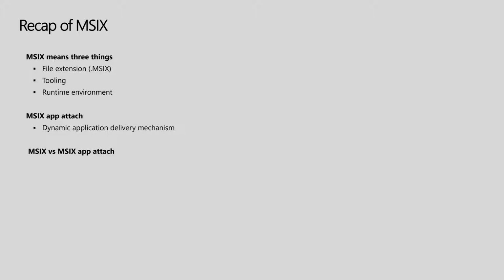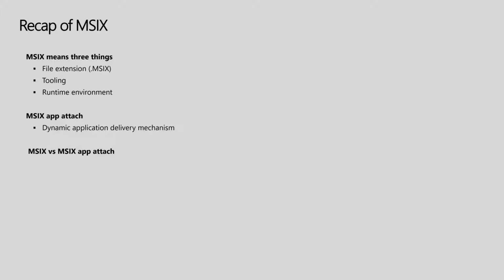And finally, and probably the most important piece of this, is the runtime environment. In the Windows operating system, we have special bits, special code that enable MSIX. Without those, there's no MSIX, right?